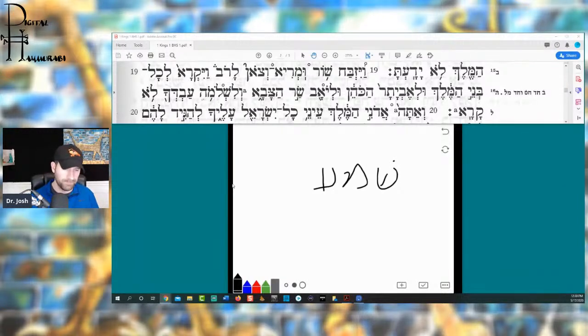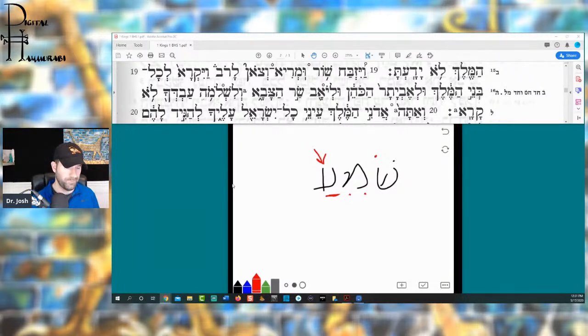So we would expect shomei, but because of this ayin at the end, and you see this a lot with the gutturals, they add what they call a furtive patach, and it allows the guttural letter to be pronounced a little bit with an A vowel. So you get shomea.